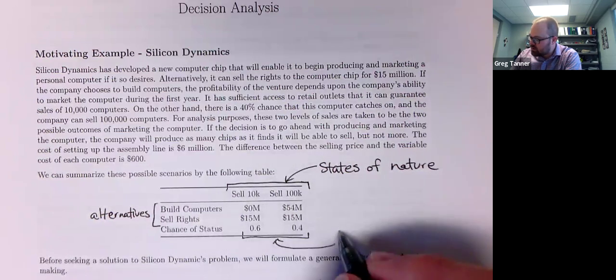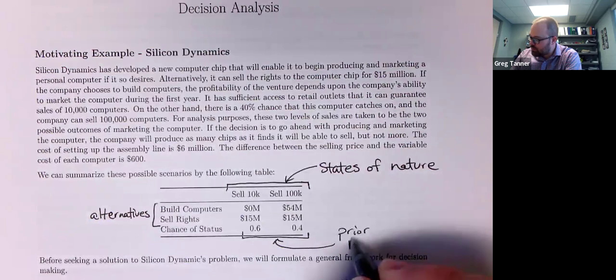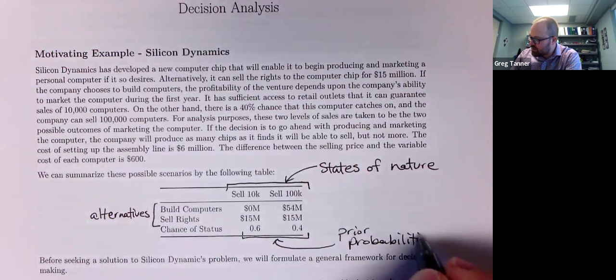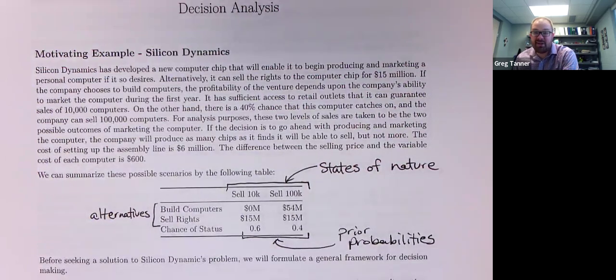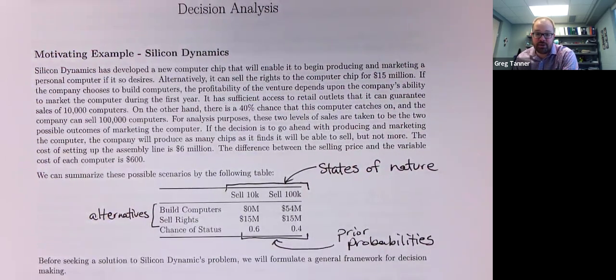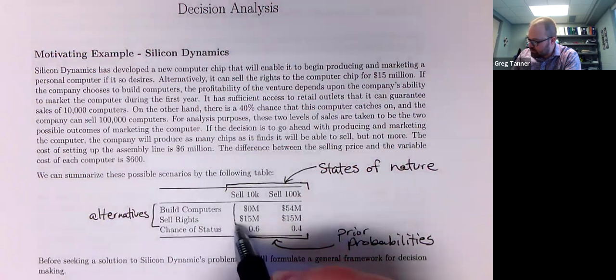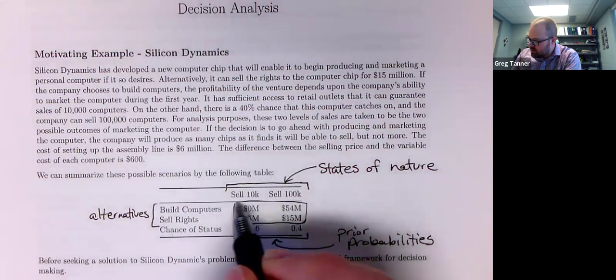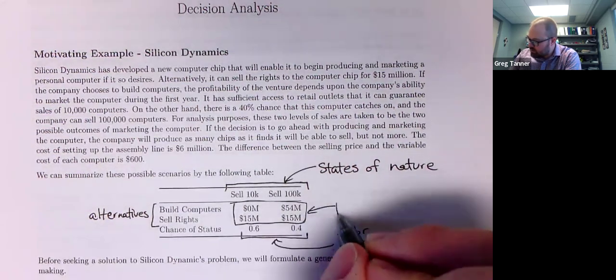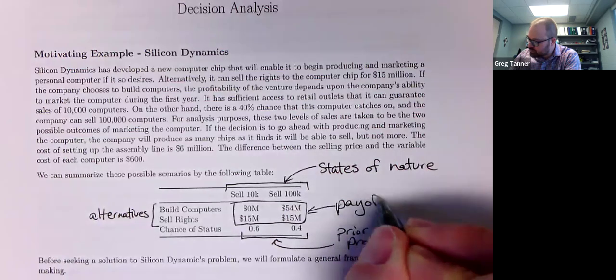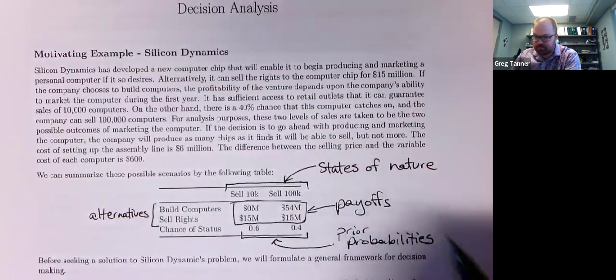These are what are called prior probabilities. They represent the company's best estimates on the likelihood of each of the states of nature. And then in the middle of this table, the dollar amounts are what are called the payoffs, or the payoff matrix.